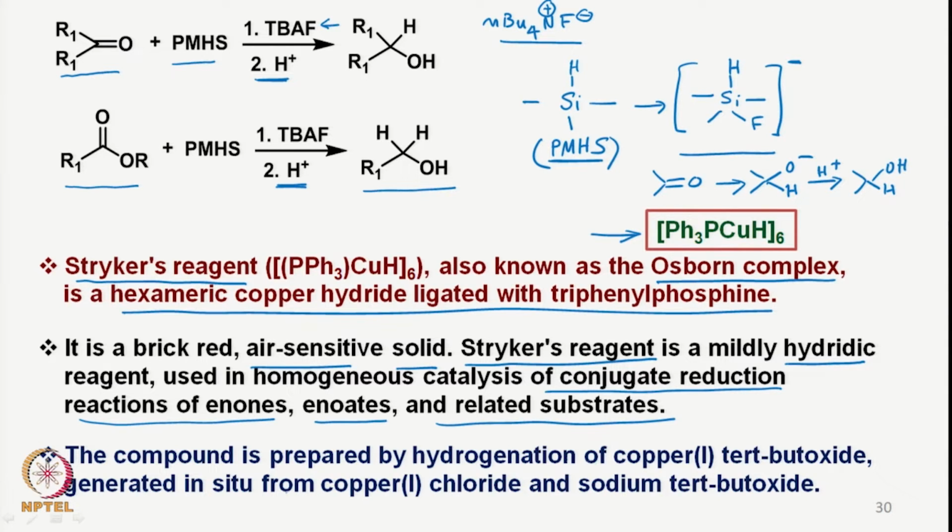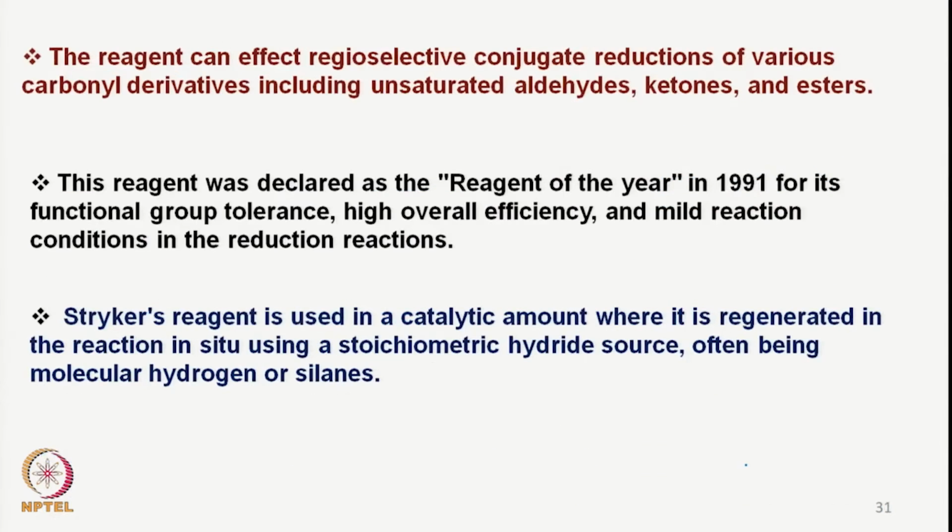The compound is prepared, and this is where the silicon based things come into the picture. The compound is prepared by hydrogenation of copper tertiary butoxide generated in situ from copper chloride and sodium tertiary butoxide. That means this copper tertiary butoxide is then hydrogenated, and of course triphenylphosphine has to be put, then we get the corresponding Osborn complex or the Stryker's reagent.